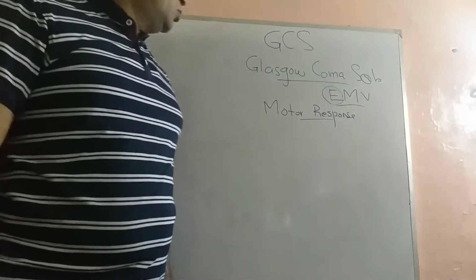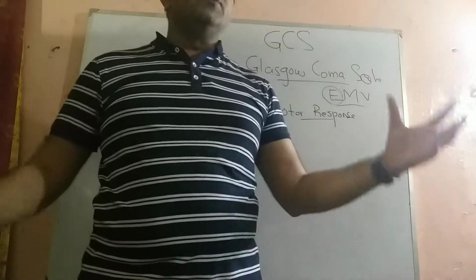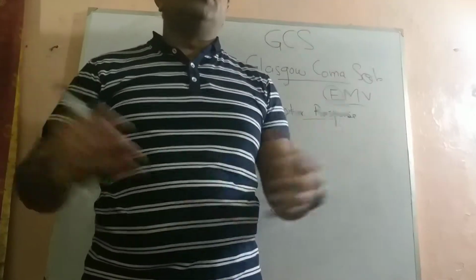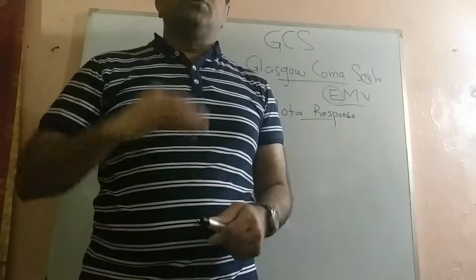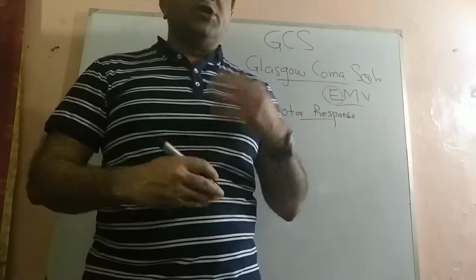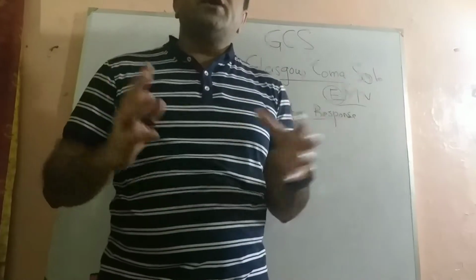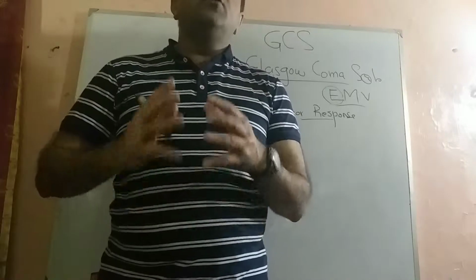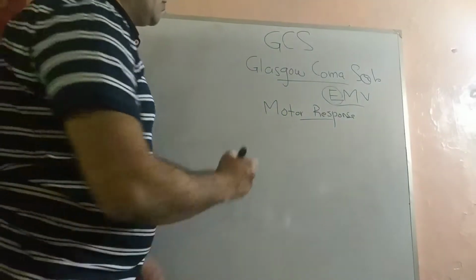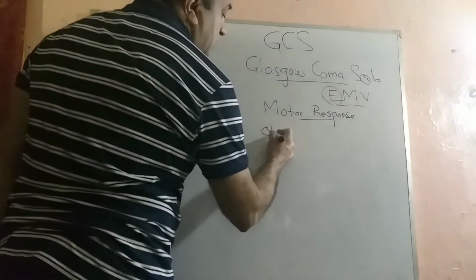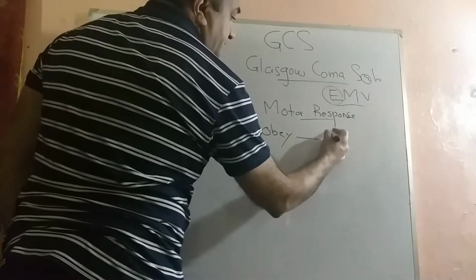If you go to a patient and you ask the patient, please open your eye, lift your hand, take out your tongue, and the patient is actually obeying your commands, you give the maximum number of 6.